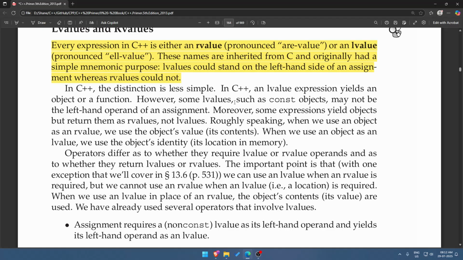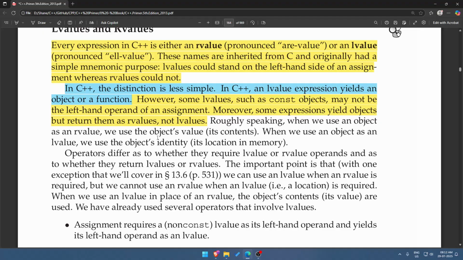However, some L values such as const objects may not be the left-hand operand of an assignment. Moreover, some expressions yield objects but return them as R values, not L values. Roughly speaking, when we use an object as an R value, we use the object's value, its contents.